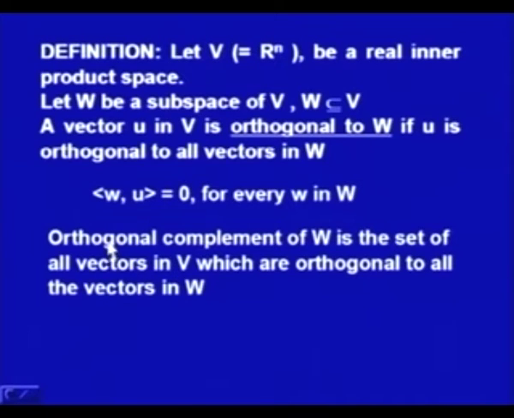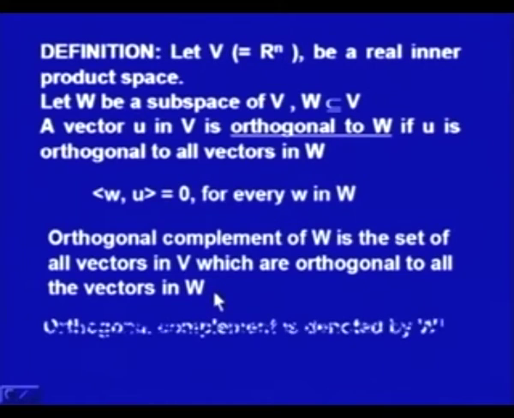Then we talk about the orthogonal complement of W, which is the set of all vectors in V which are orthogonal to all the vectors in W. We will come back to this again, and we say that the orthogonal complement is denoted by W perpendicular.